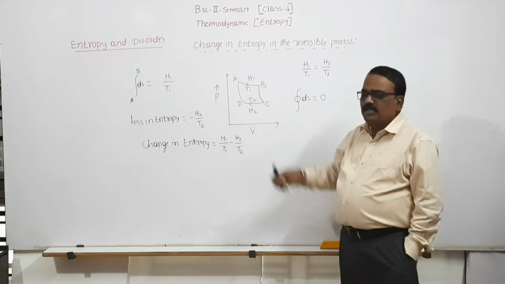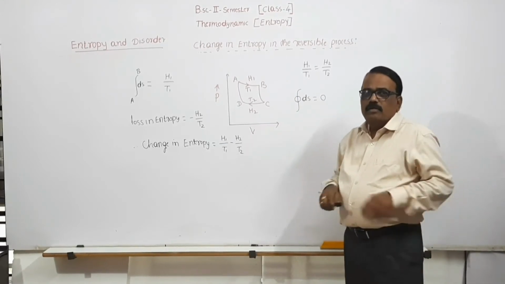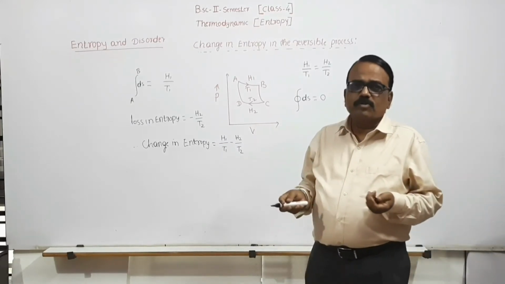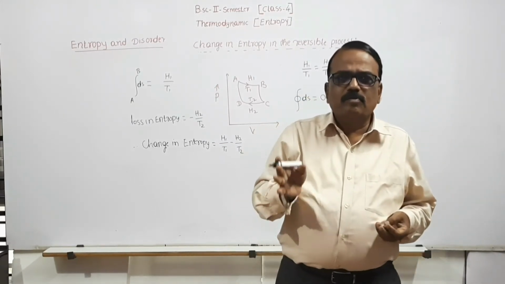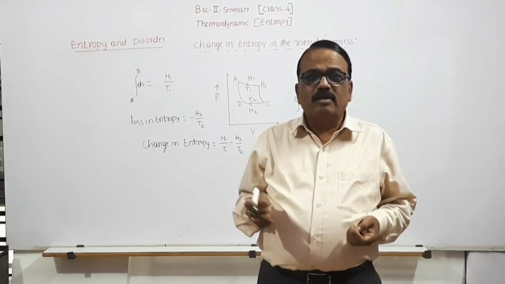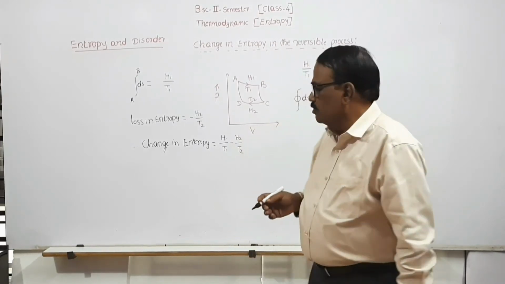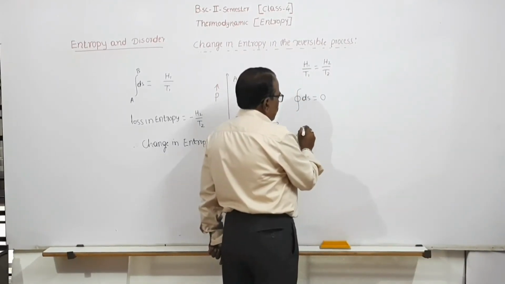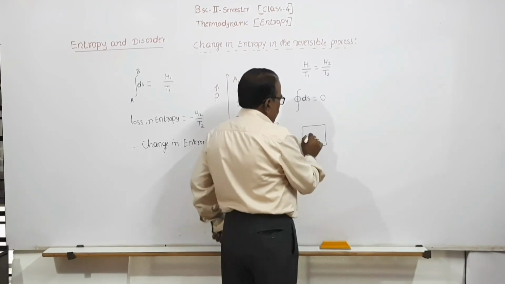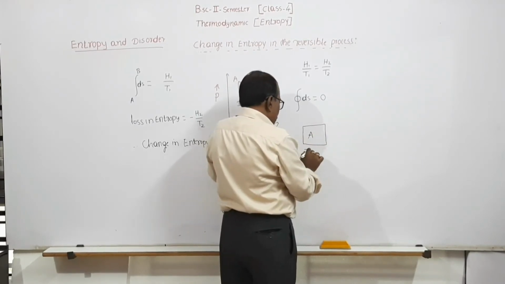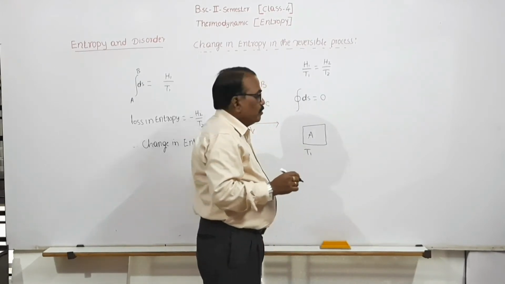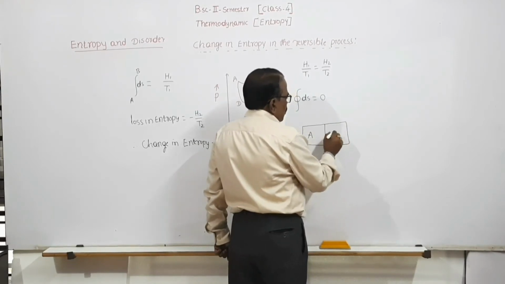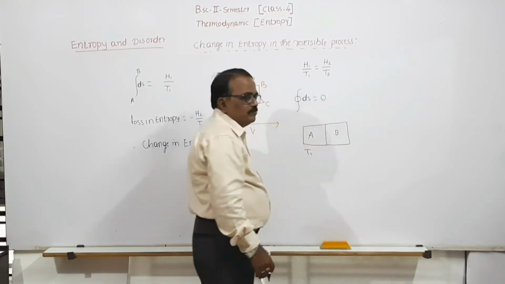What about the change in entropy in the irreversible process? What are irreversible processes? Conduction and radiation, they are irreversible processes. Consider one body A at higher temperature T1 and another body B at lower temperature T2.